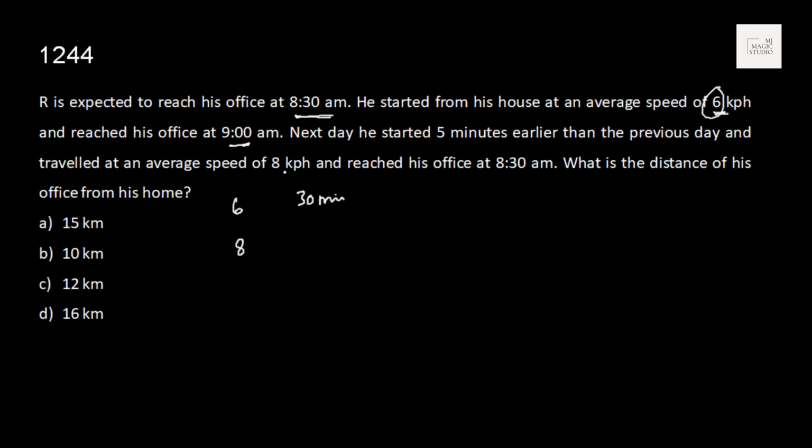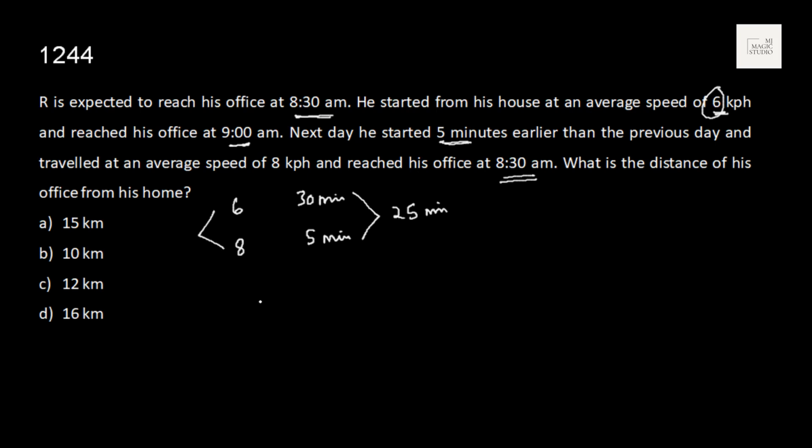He should take less time and reach his office exactly at 8:30 am, but he started 5 minutes earlier. That means today he is 5 minutes late compared to when he would have started at the usual time. So the difference between these two timings is 25 minutes.